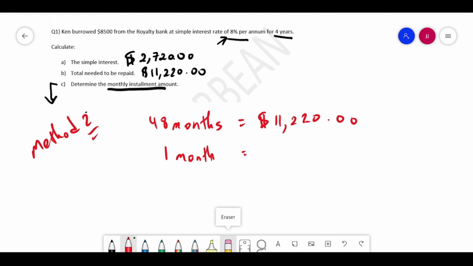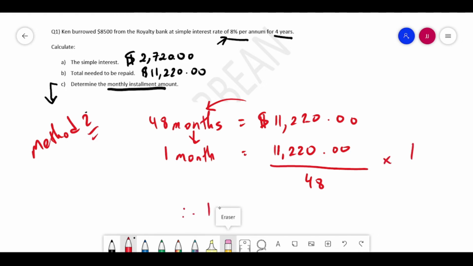So therefore, 1 month, we take this, we put it on top, $11,220, and we divide it by what's on the side here, which will be 48, and multiply by whatever is over here, multiply by 1. Therefore, 1 month is equal to $233.75.